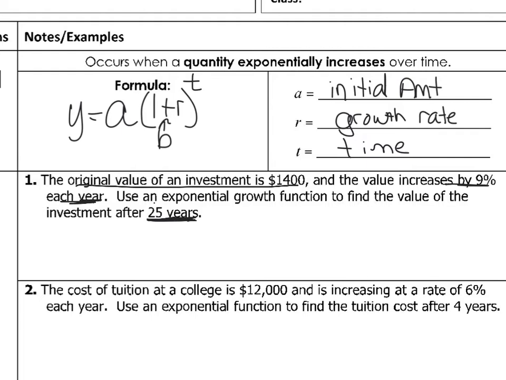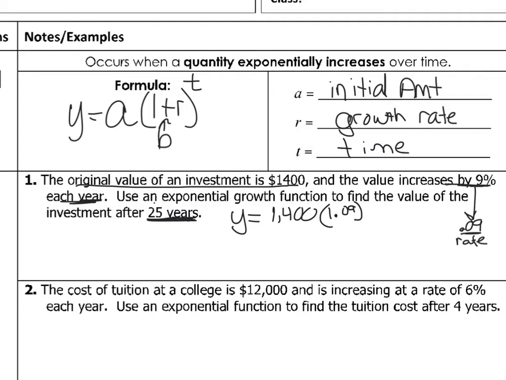All right, so let's write an equation. We're going to say y equals A. What's our initial value? 1400, right? Times our B, 1 plus our rate. Well, it increases by a rate of 9%. How do you write 9%? 0.09. So B is going to be 1.09. So our factor is 1.09, and our rate is 9%.